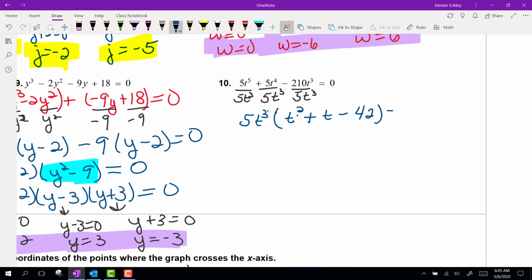So that's just an x factor: two numbers that multiply together give you negative 42, and when added give you positive 1. That's going to be 7 and negative 6. So I have my 5t to the third times t plus 7, t minus 6.